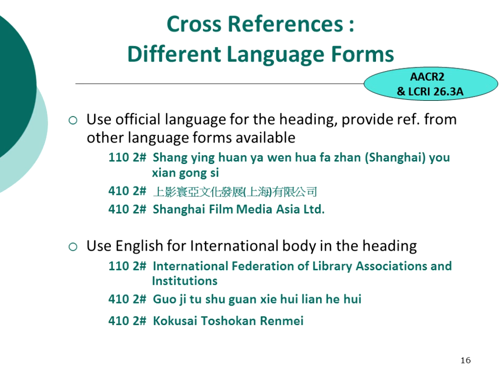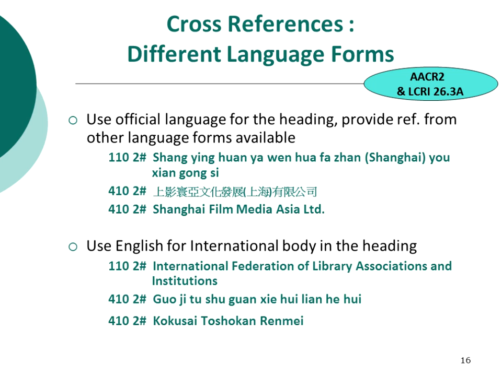Sometimes you have different language forms that you need to record in the cross-reference. But first, we want to get it straight about our heading form when you have different language forms. If the name appears in different languages, use the form in the official language of the body.